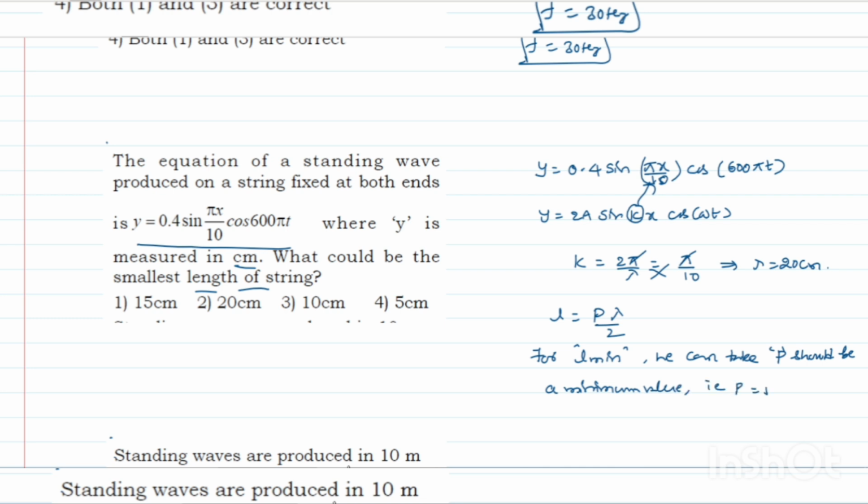When taking L minimum, instead of p you substitute 1 into lambda by 2. Lambda, which you calculated already, is 20 centimeters, so 20 by 2, which is nothing but 10 centimeters. So this is the correct answer.